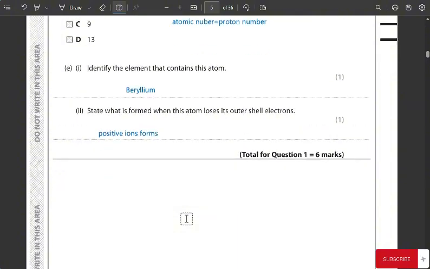Okay, if the atom takes an electron from another atom, it will produce a negative ion, while if it gives an electron to another atom, it will have fewer electrons than before, and the proton number will be more. That's why it forms a positive ion.